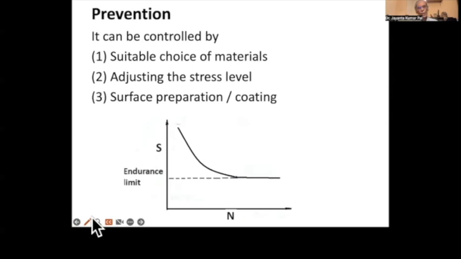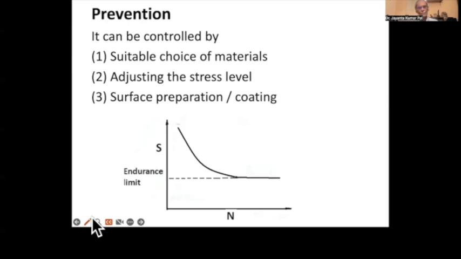We may also have some coating. There are all different kinds of coatings available, and this coating will, of course, help. We may also think of roughness, because roughness will also decide to some extent the stress distribution at the peak of the asperity.